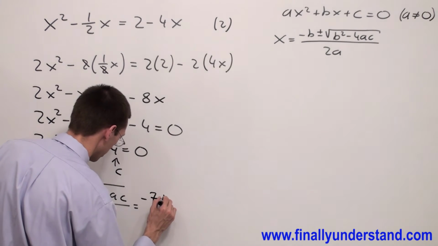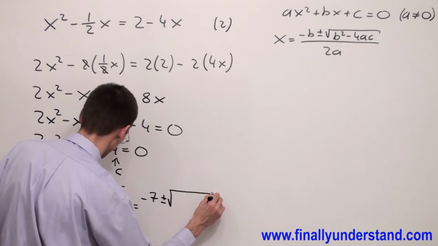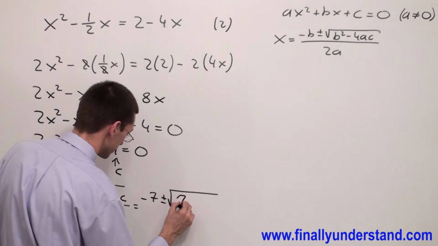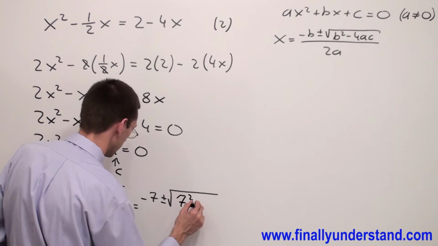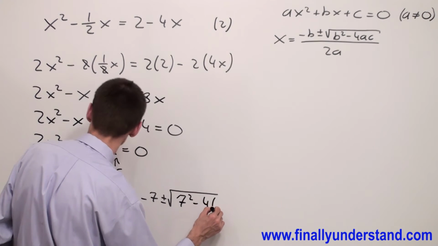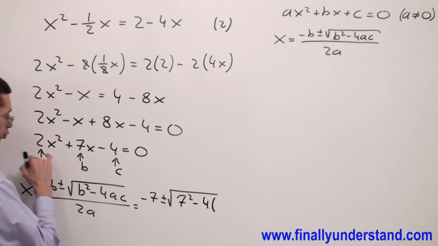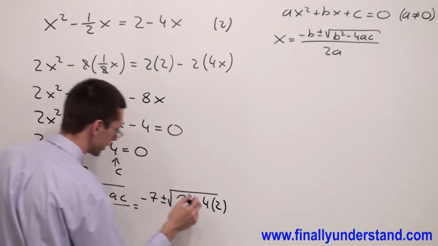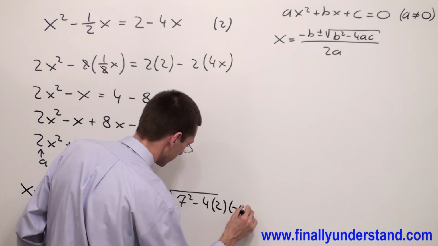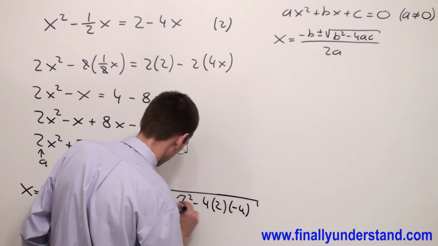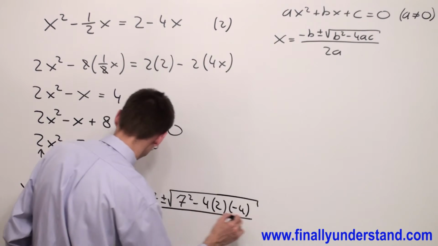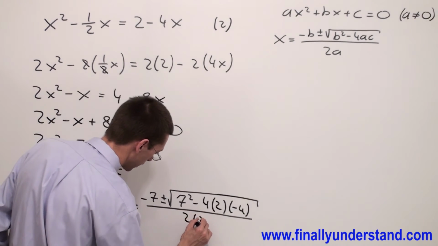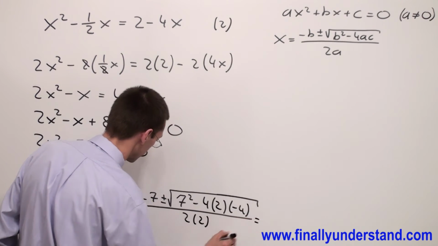Negative 7 plus or minus the square root of b, 7 squared, minus 4 times a, which is 2, times c, which is negative 4. Everything over 2 times a, which is 2 times 2.